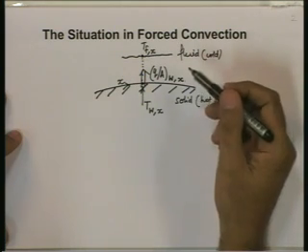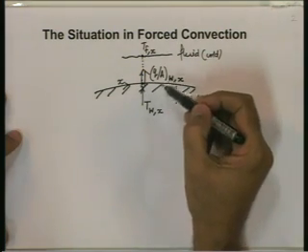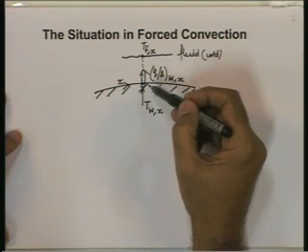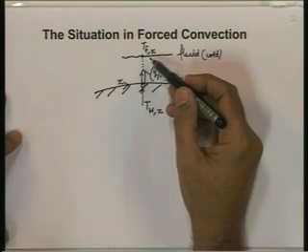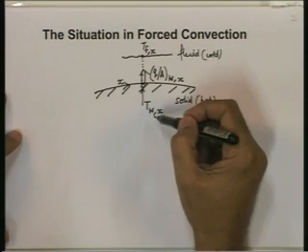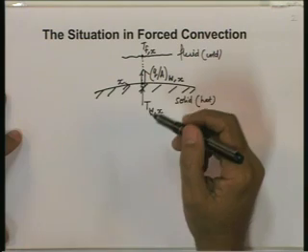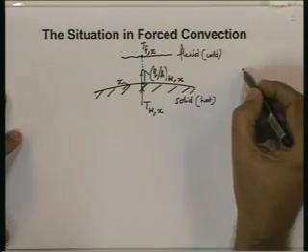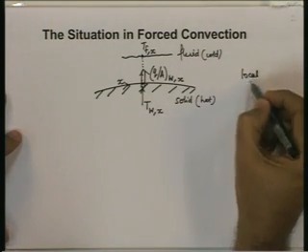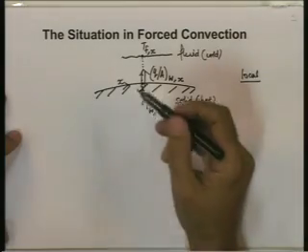Our aim in forced convection is to determine a relation between the heat flux from the wall to the fluid and relate it to the temperature of the wall at that point and temperature of the fluid at that point. This is a local situation. We may not be interested in local variation of temperature, local variation of heat flux.